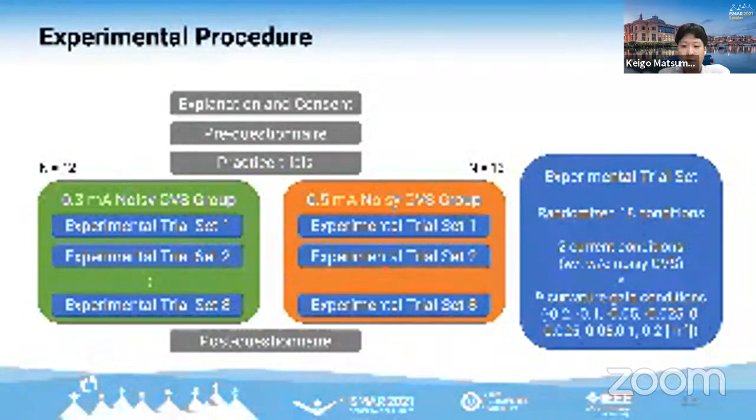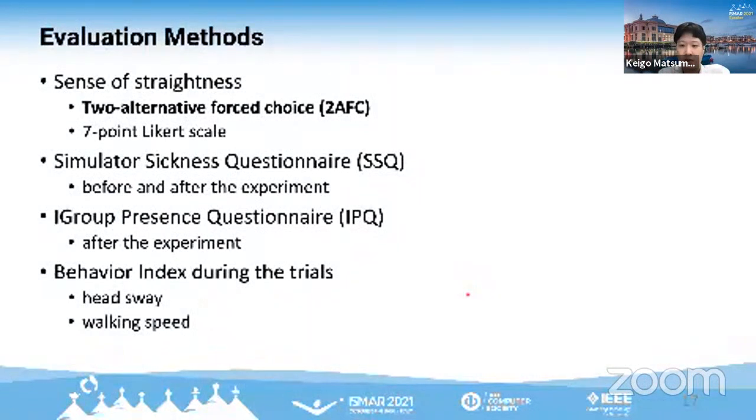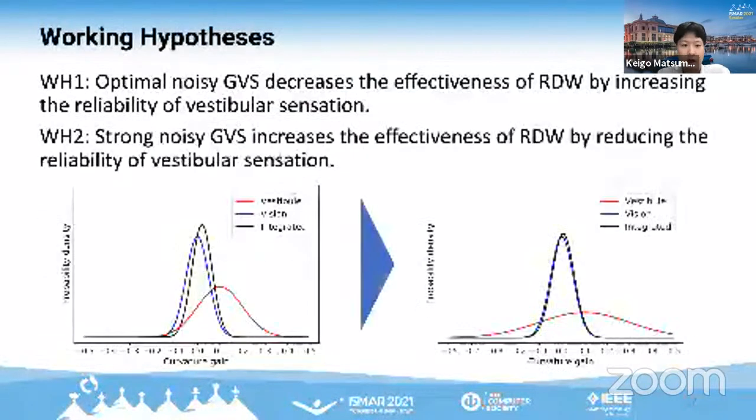Here is the evaluation we conducted in our experiment. Due to the time constraints, I will show you only the results of the two-alternative forced choice. These are our working hypotheses. Working hypothesis 1 is optimal noisy ZBS decreases the effectiveness of redirected walking by increasing the reliability of vestibular sensation.